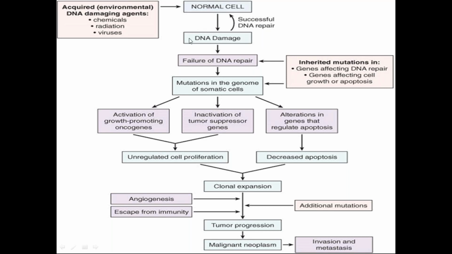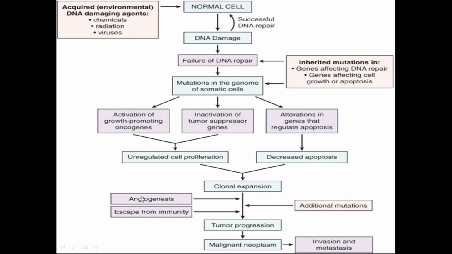If not, and the cell undergoes one complete cell cycle with the damaged DNA, then the damage becomes irreversible, and it goes on accumulating other mutations in proto-oncogenes, tumor suppressor genes, and apoptotic genes, and all the functions get reversed. Proto-oncogene and tumor suppressor changes lead to uncontrollable cell proliferation. Next, alteration in genes of apoptosis means decreased apoptosis. This leads to single clonal expansion of the tumor cells.